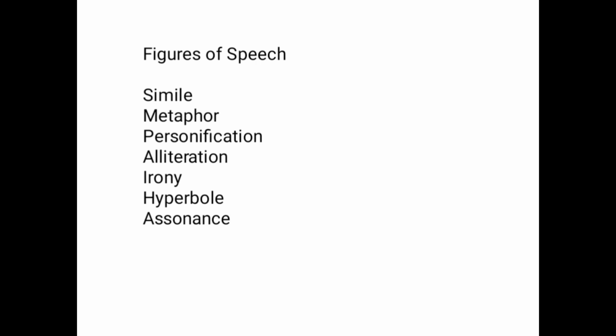The next one is personification. When you give the qualities of persons to an inanimate object. Imagine when you say the table is walking. Oh, the sun smiled at me this morning. Ah, the sky is crying. Do you understand? The sky is crying. Let me use another one. Oh, the moon blinked at me.